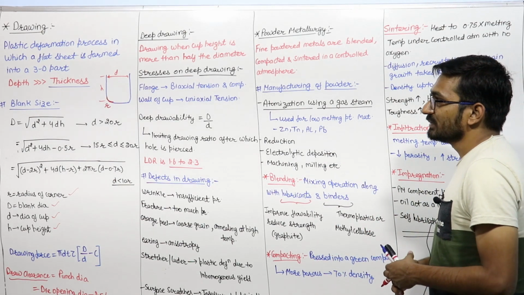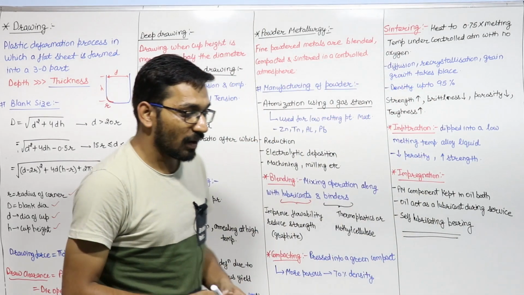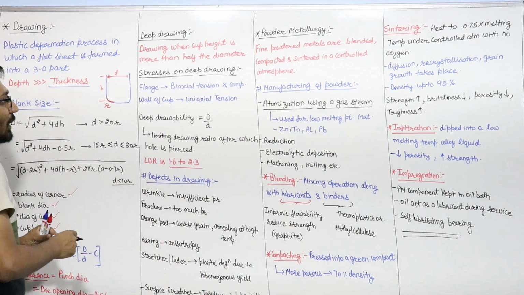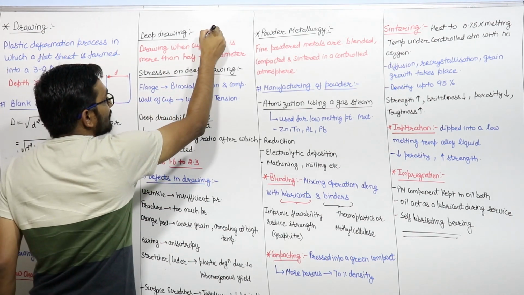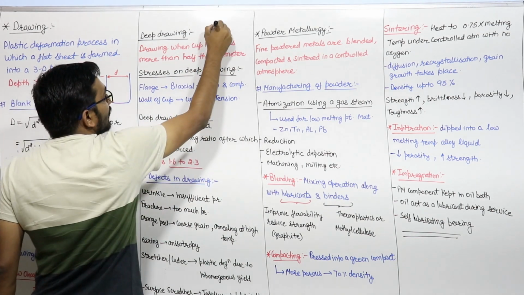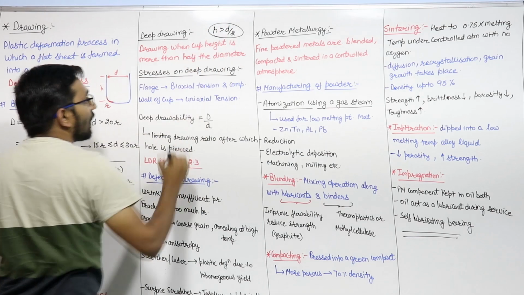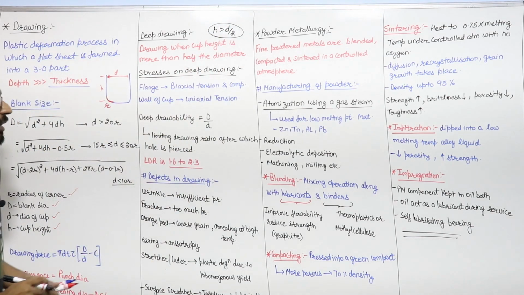So this is the drawing. One process is known as deep drawing. Deep drawing is when the cup height, h, is more than half of the diameter. If h is more than d by 2, then the drawing process is known as deep drawing.